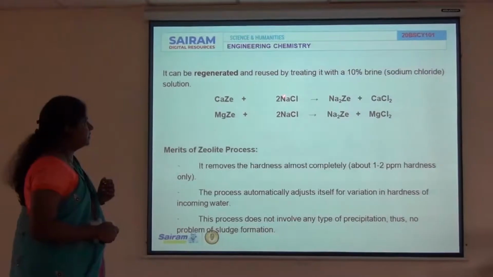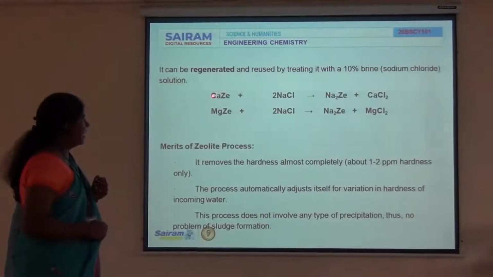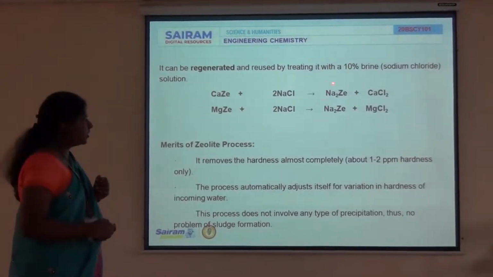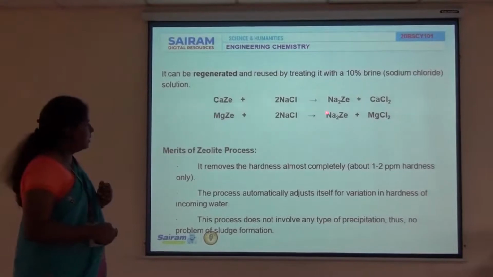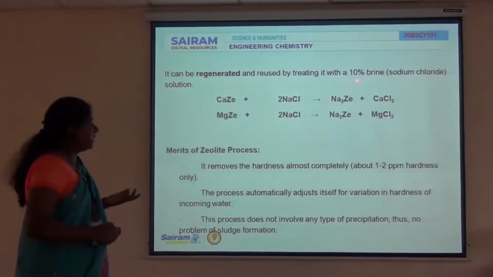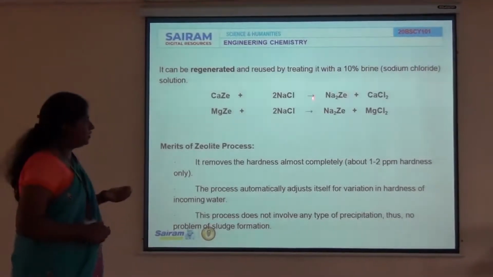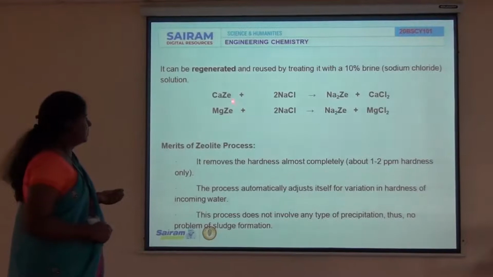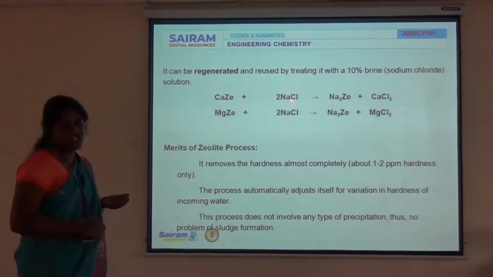After washing with sodium chloride, the calcium is totally replaced by sodium, so the sodium is regenerated. We remove the calcium from the zeolite and can use the sodium zeolite again. This equation explains the regeneration method.